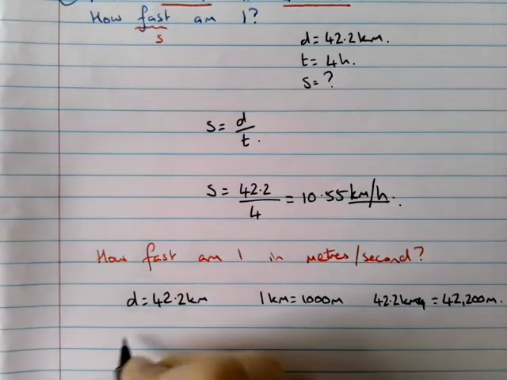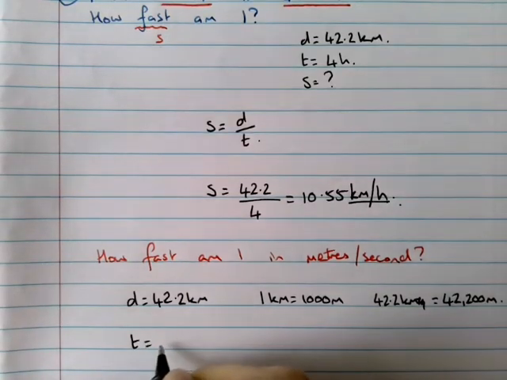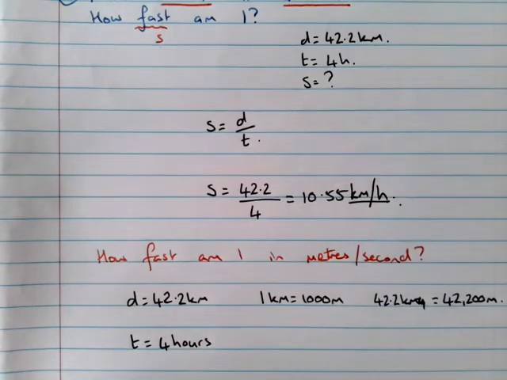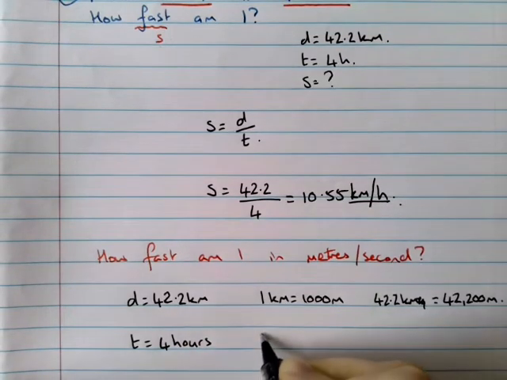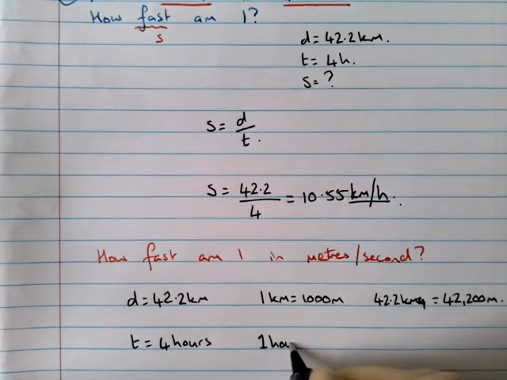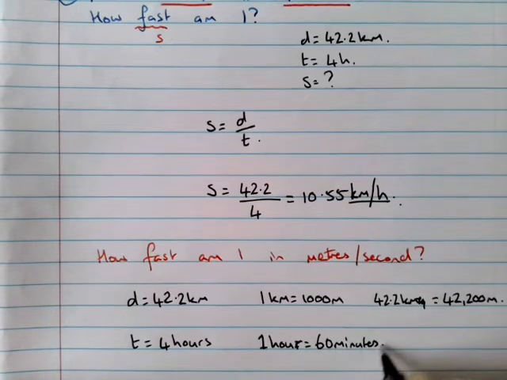All right, now I've got time equals 4 hours. Well, I know that 1 hour equals 60 minutes, and 1 minute equals 60 seconds.